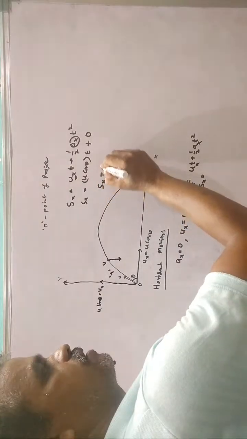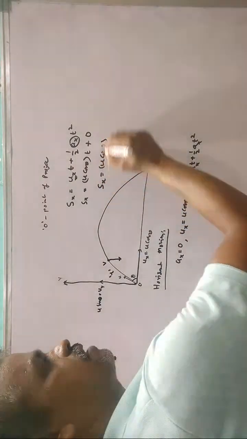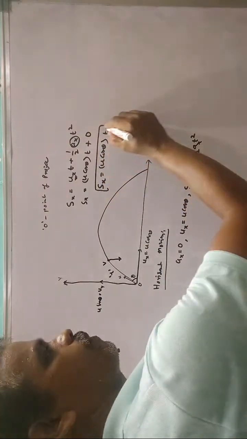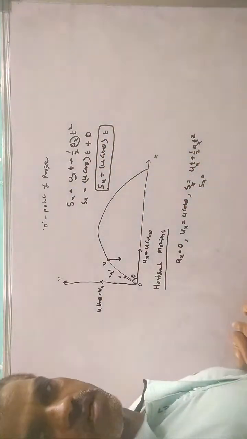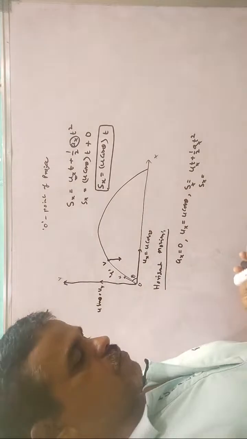So displacement along x-axis is equal to u cos theta into t. See what I am trying to say here.